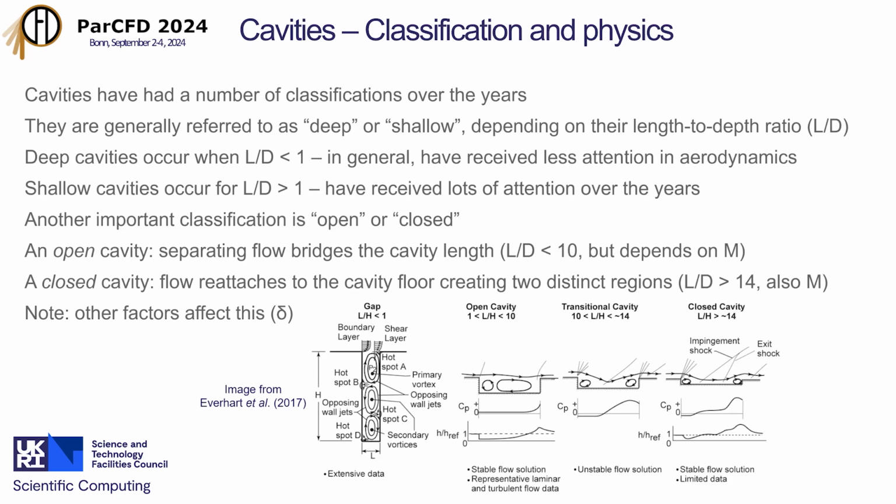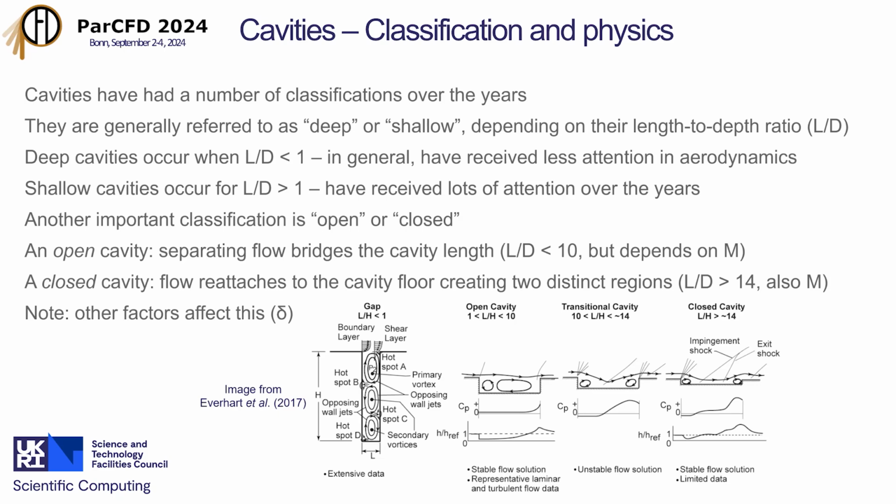There's also a hysteresis region, which is called the transitional cavity area. This is where the flow partially attaches to the cavity floor but doesn't quite fully do it. If you do it experimentally and you gradually increase the gap, you will find that you get a sort of hysteresis region.